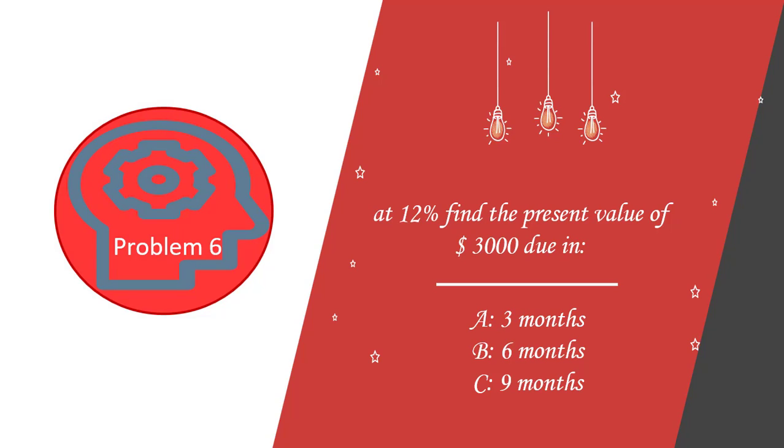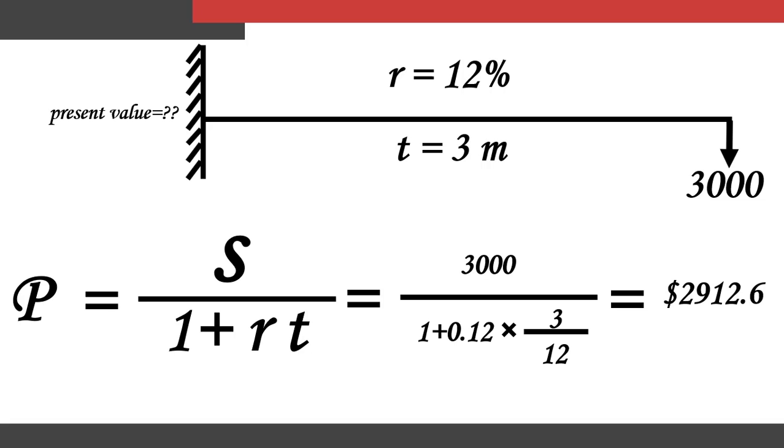Problem number 6. At 12%, find the present value of $3,000 due in A, 3 months, B, 6 months, C, 9 months. Let's start with the first case, A equals 3 months. After drawing the timeline with T equals 3 months, the future amount S equals $3,000 with rate R equals 12%.